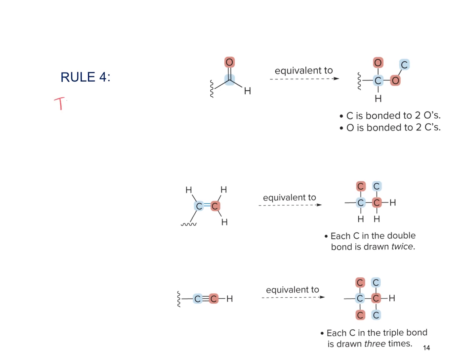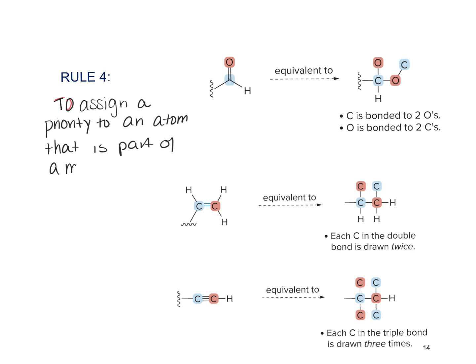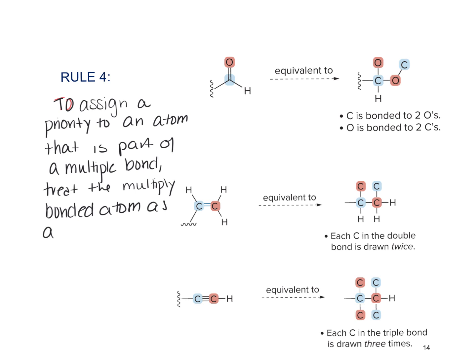So to assign a priority to an atom that's part of a multiple bond, treat the multiply bonded atom as an equivalent number of singly bonded atoms.